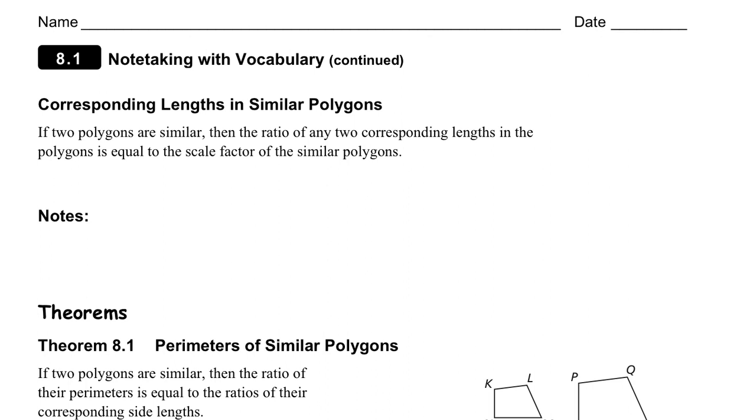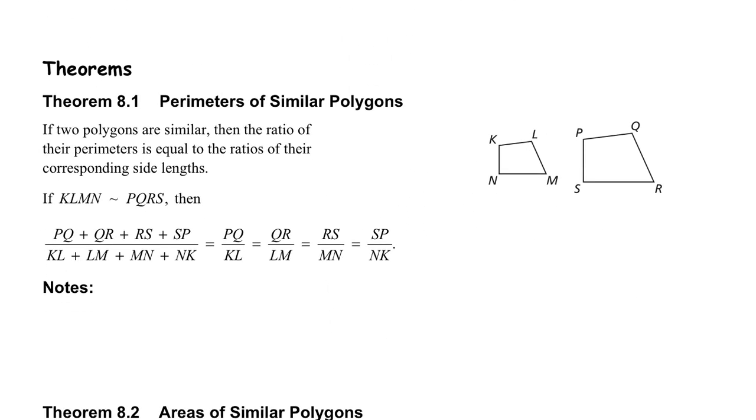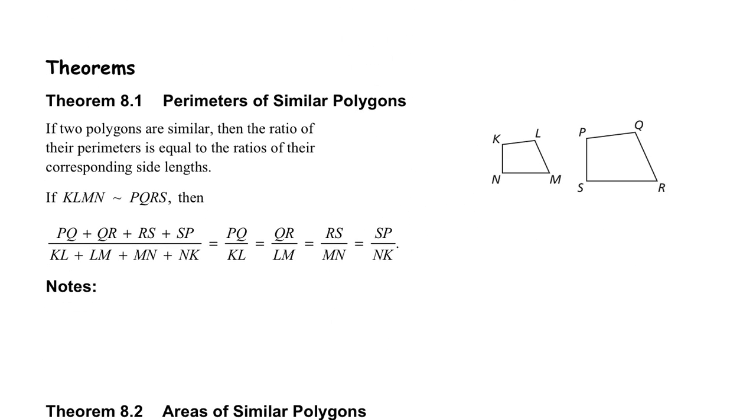Basically what we just had right before this. So let's talk about some theorems. Perimeters. If two polygons are similar, the ratio of the perimeters is equal to the ratio of the corresponding sides. So basically, the ratio for the perimeters is going to be the same as the sides or also the normal scale factor.